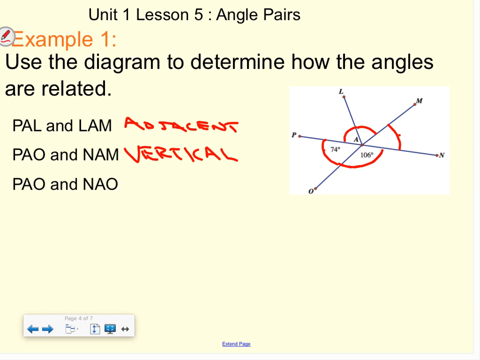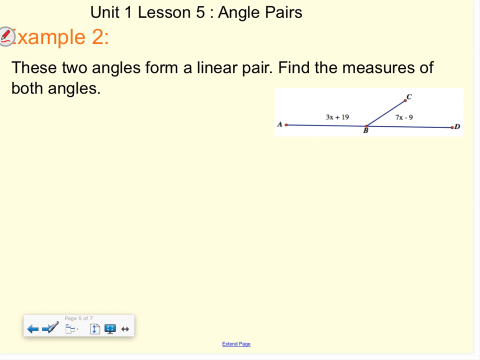Well, again, these two are adjacent, but there would probably be a better way of explaining it. Since PAN is a straight line there, we could say that this is a linear pair. If you said that they were supplementary, you wouldn't necessarily be wrong, but that wouldn't be the most specific way of describing them. We want to be as specific as possible, and linear pair is more specific than supplementary.